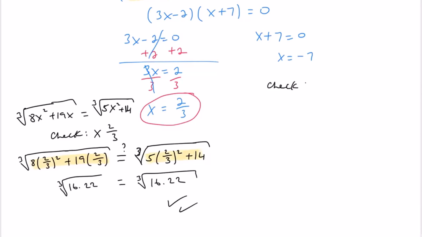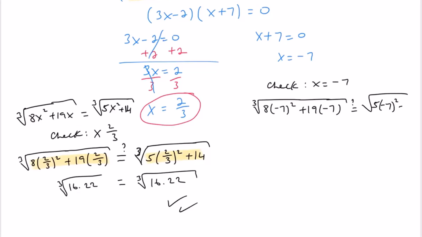So 2 over 3 is an answer. Let's check for x is -7. So we have the cube root of 8 times -7 squared plus 19 times -7. So is this equal to 5 times -7 squared plus 14? Here, if we calculate the inside of the cube root, we end up with 259.